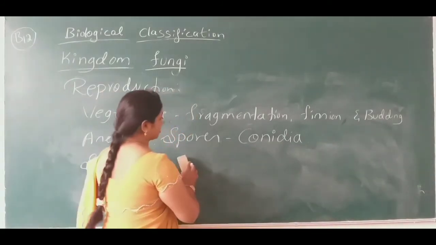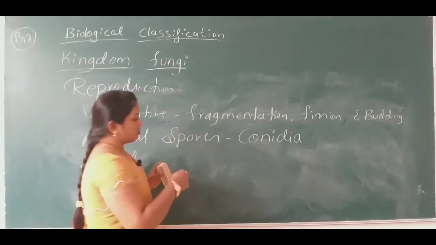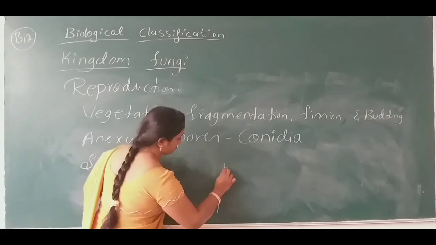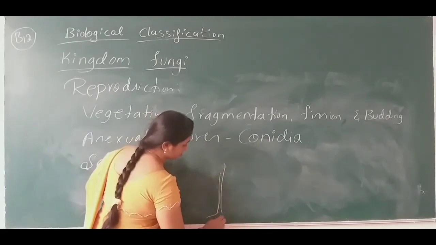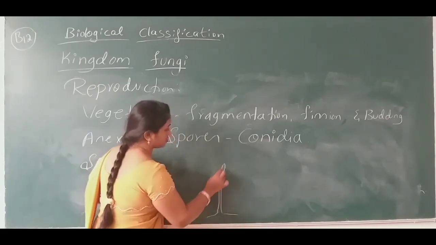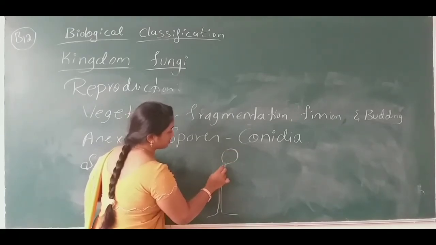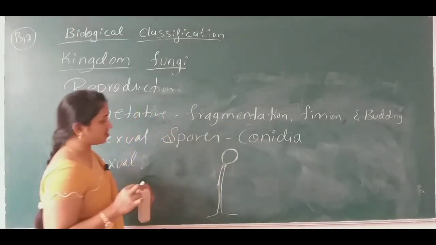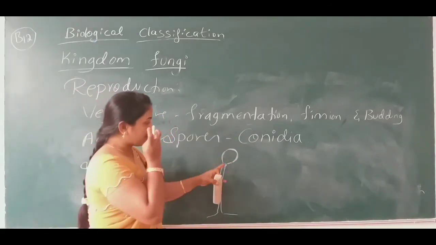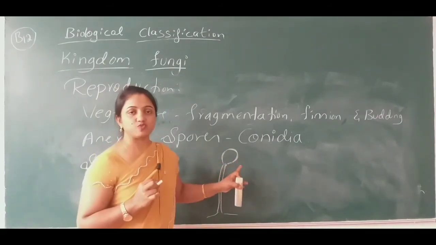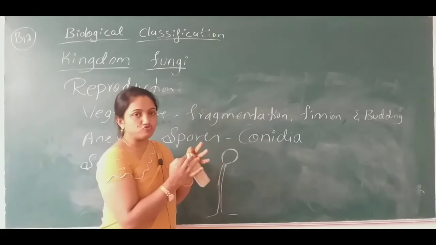Let me draw the structure of conidia or sporangiospores. Consider one hyphae. It forms a bulged structure at the anterior part of the hyphae. This portion is known as sporangium. Sporangium means a pouch-like structure.